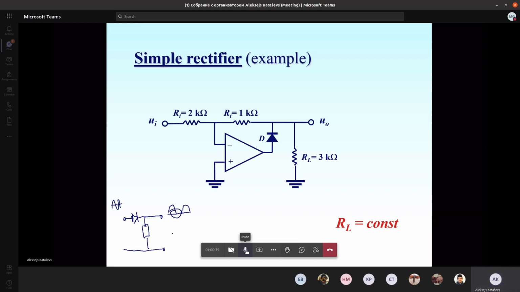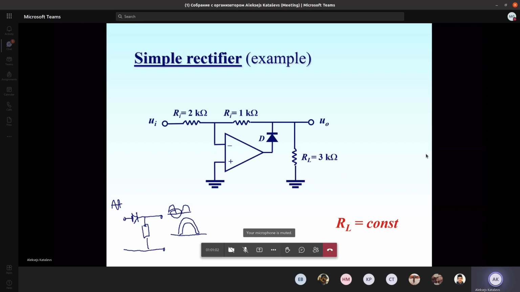Yes, exactly, it will be lower. If we have the input semi-wave like this, the output semi-wave will be like that. Why? Yes, because the diode eats 0.7 volts.